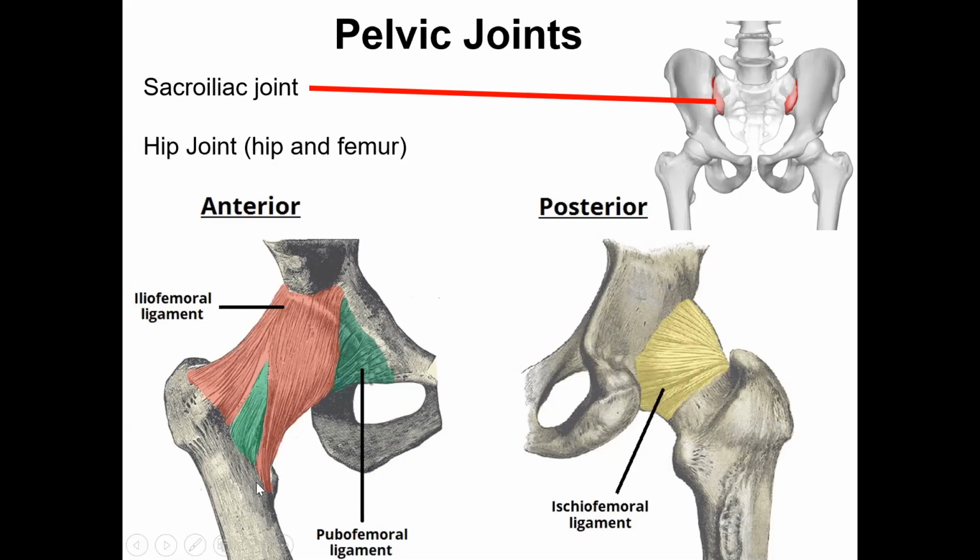So that's one way you can differentiate the iliofemoral ligament from the other two ligaments: the iliofemoral ligament has two heads that articulate onto the femur. Okay, so the sacroiliac joint and the ligaments that anchor the femur to the pelvic bone.